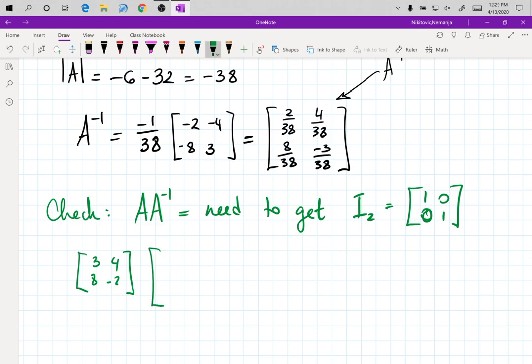and you multiply that into the inverse matrix. I know you should reduce for the inverse, so 1 over 19, 2 over 19, 4 over 19, and negative 3 over 38. But since I will now be multiplying to check, and working with common denominators, it's easier for me if it's not reduced.